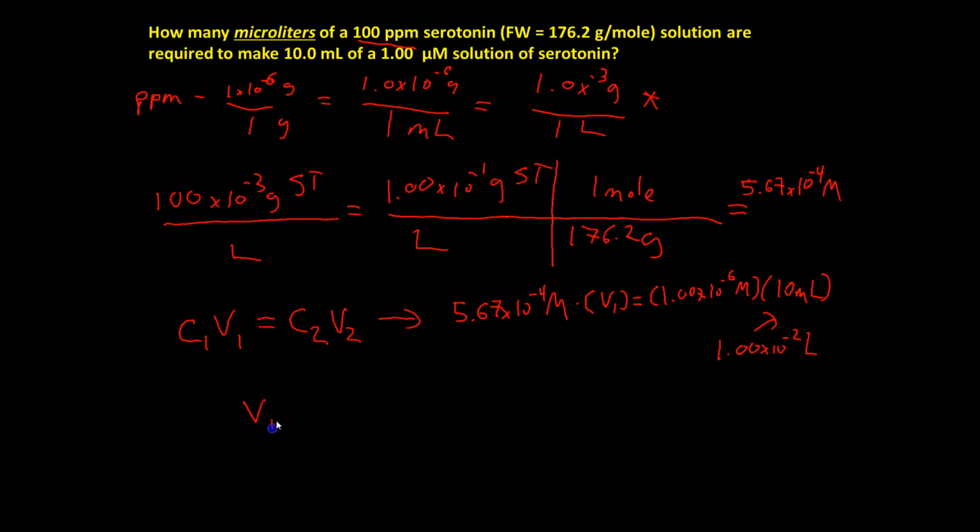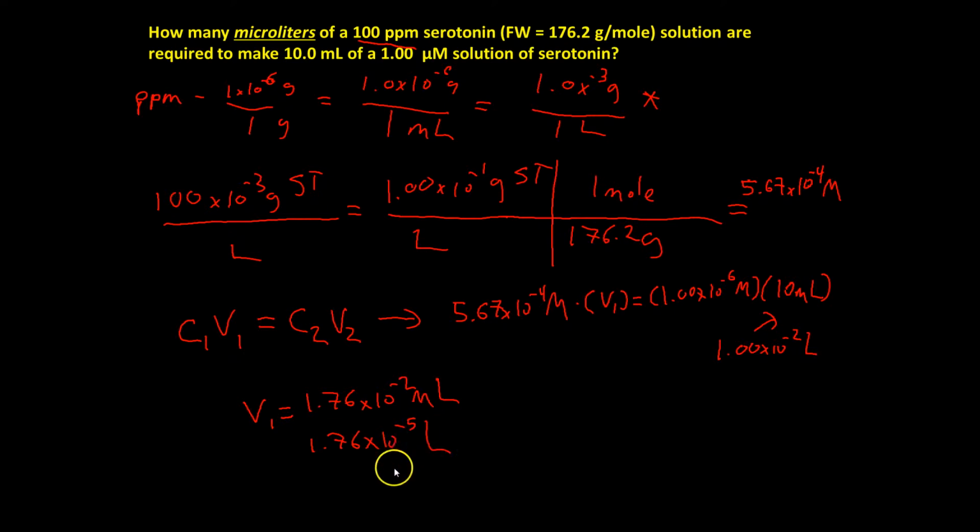V1 equals 1.76 times 10 to the minus 2 milliliters, or if you use this one instead, 1.76 times 10 to the minus 5 liters.